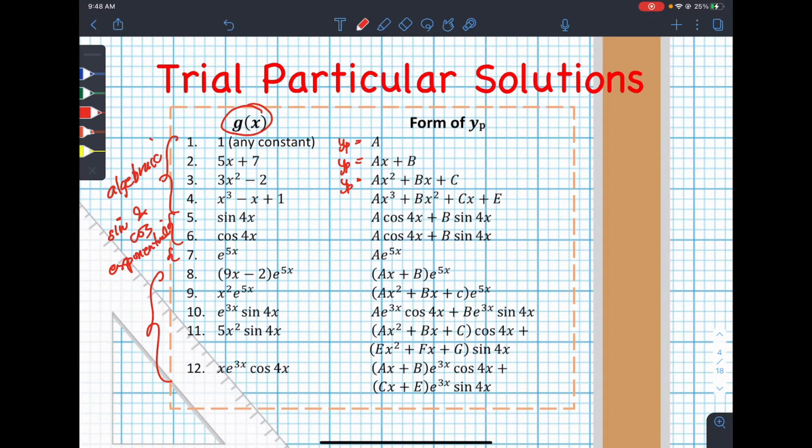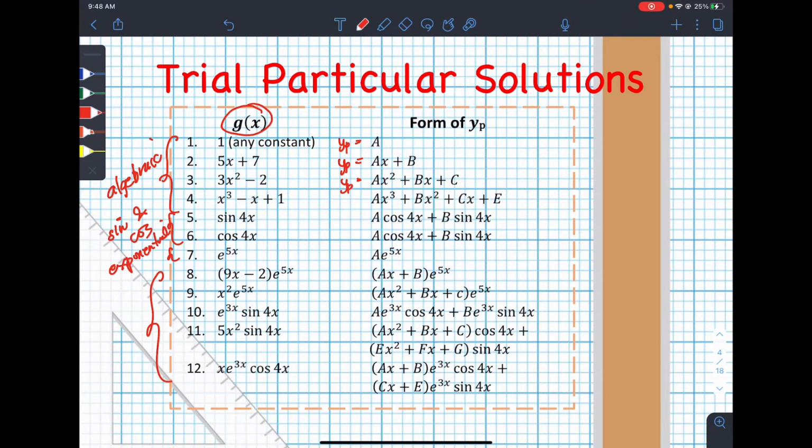For example, if our g of x is 1, or any constant, our trial particular solution would be yp equals a. We're just going to change the constant to an undetermined coefficient in the form of a, b, c, e, f, g, h, and so on and so forth.